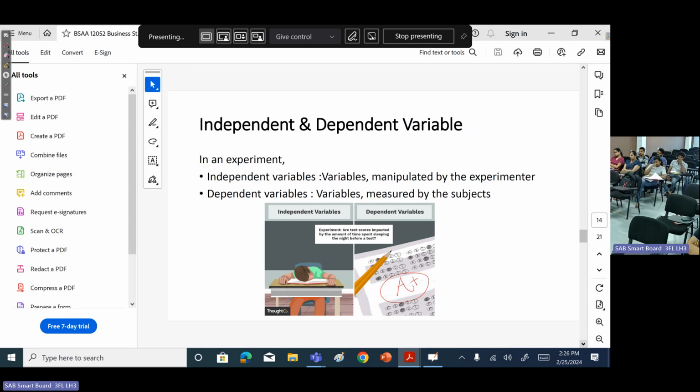Then for quantitative variables, which can be measured numerically, we can divide them into two categories: discrete and continuous. A discrete variable always represents clearly separated values, such as the number of students in a class, number of children in a family, number of vehicles in a car park.